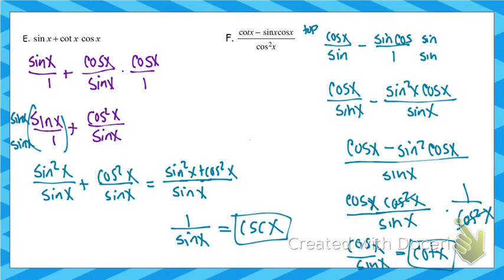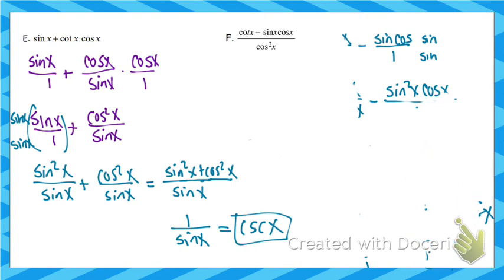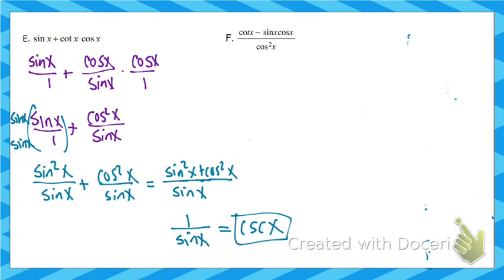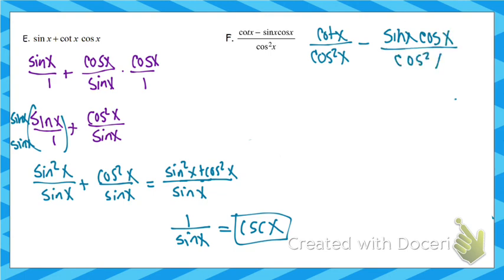All right, now again, there's different ways you can do this. So I'm going to show you guys one more way to work this one out, because that was kind of a lot. What I'm going to do actually is simplify these into two separate fractions. Okay, so both of these have a denominator of cosine squared. So I'm going to rewrite this as cotan x over cosine squared x minus sine x cosine x over cosine squared x.